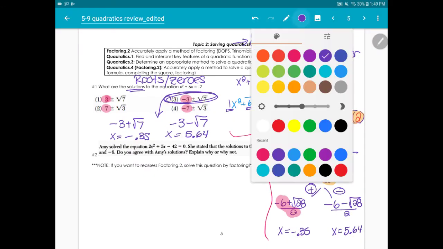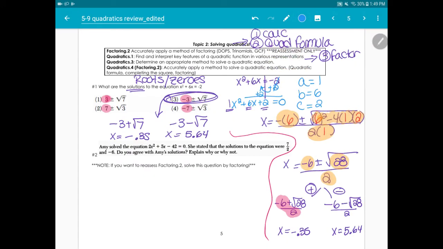Okay, now we're going to do problem number 2. Problem number 2, we are going to solve by factoring. The reason I'm going to do it by factoring is if you want to reassess factoring point 2, you should solve this using factoring. So here's our equation.